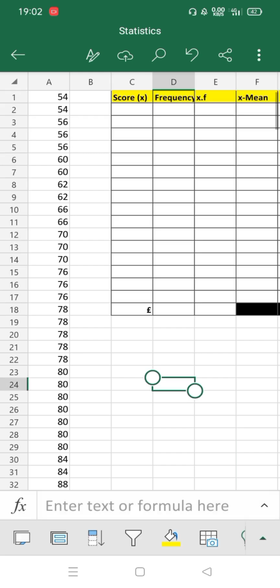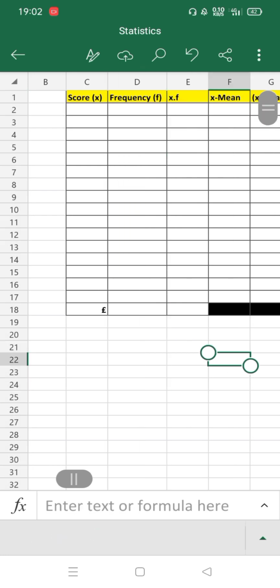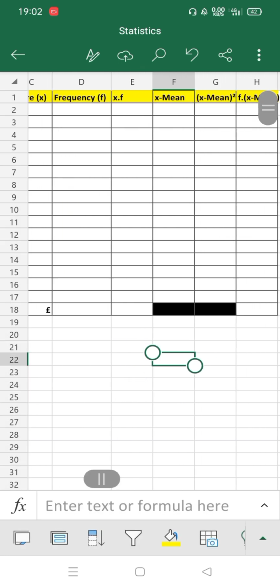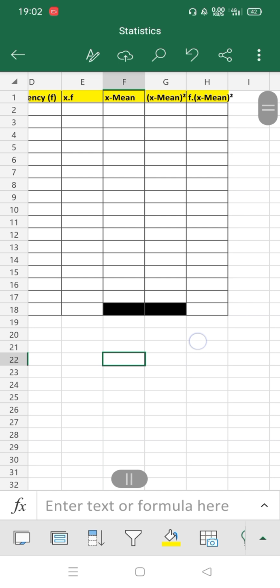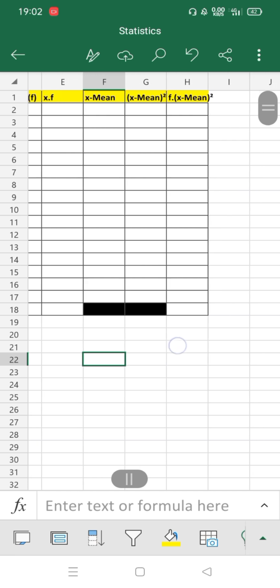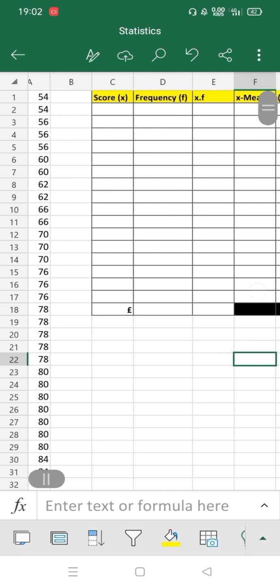First of all, we have score, and then frequency, score times frequency, score minus mean, score minus mean square, and frequency times score minus mean square.